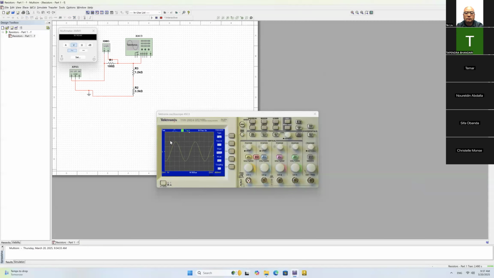We still need the voltage across these two resistors to be 4 volt peak to peak. So this is the 4. Then this number has now changed to 30.743 millivolt. Again, this is the RMS value. You can see this is AC, so this multimeter can measure AC voltage. If we change to DC, you can see this number will change.